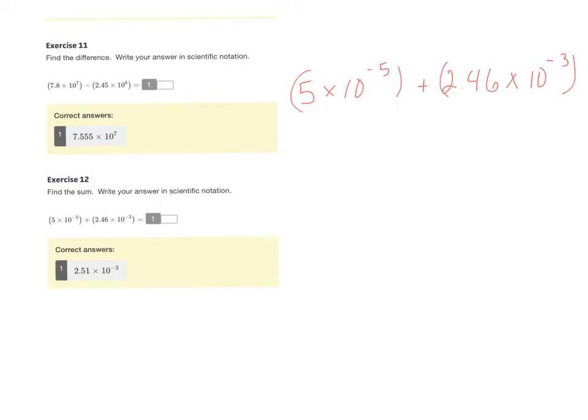So 10 to the negative 3rd, if I minus 2 more, that's going to be 10 to the negative 5th. And that means I have to move the decimal point twice here. So that would be 246. And now we have the same exponent.